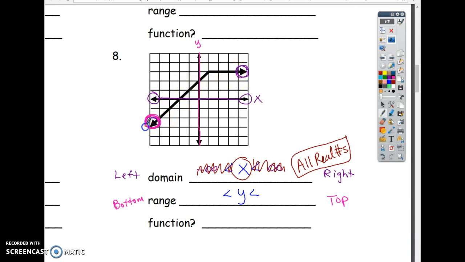No, it's going to keep going down, down, down forever and ever. So that's negative infinity. Does this function stop at the top? I mean, there's an arrow. That means it's going to go to the right forever. But is it going to go up forever? No. So it stops right here. It flattens out right here. And what number is this right here?